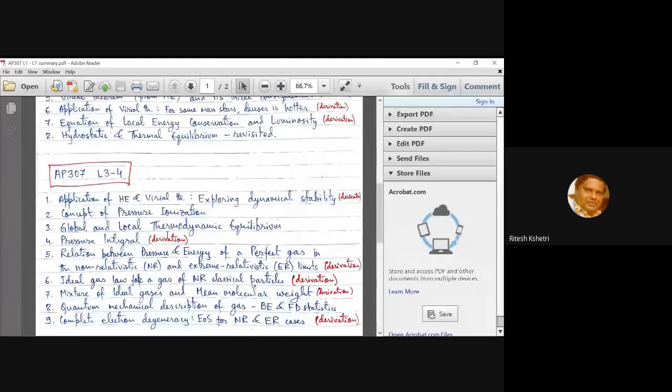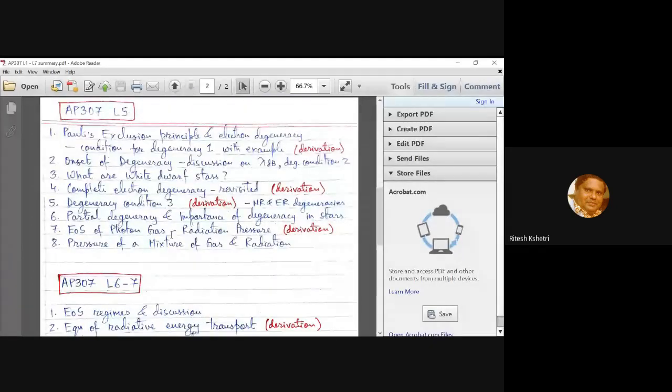Now, in the fifth lecture, continuing from our previous lectures, we talked about Pauli's exclusion principle and derived a condition for the onset of electron degeneracy. How do you arrive at it?